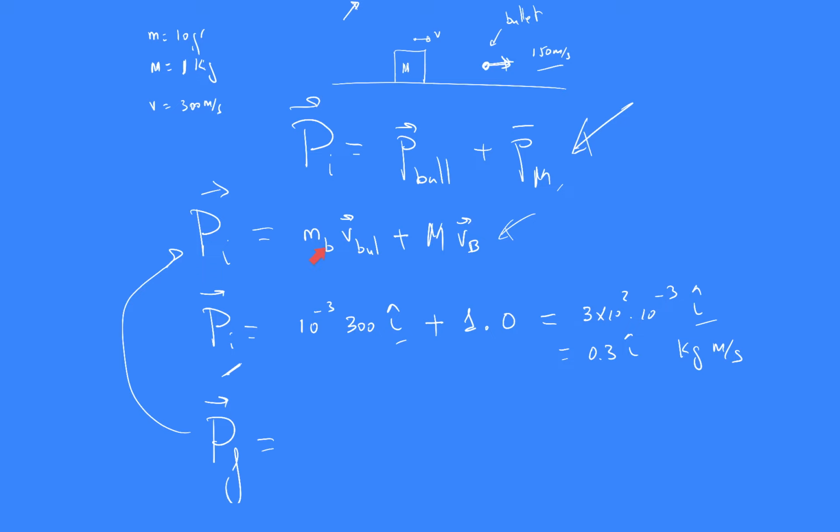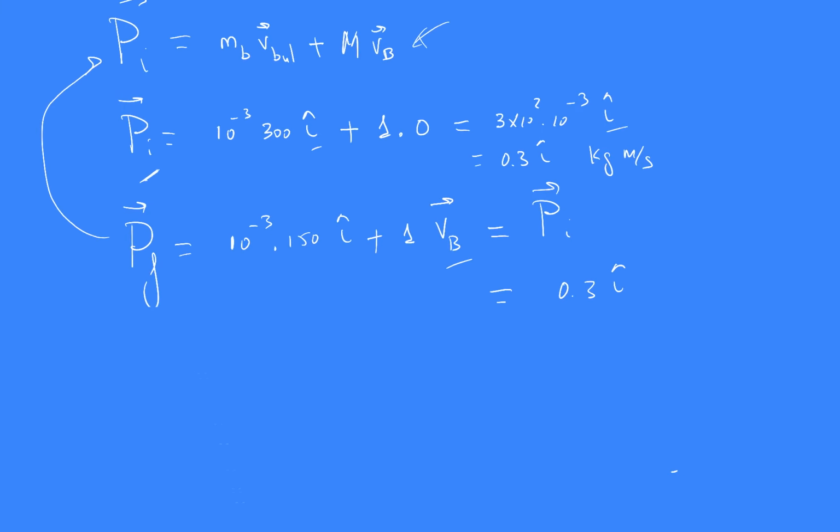So the mass of the bullet is 10 to the minus 3, the velocity of the bullet is 1/2 of the original and moving to the right, in the positive direction, plus the mass of the block is 1 and the velocity vector is an unknown. But I know that this is equal to P initial, and P initial is 0.3 i.